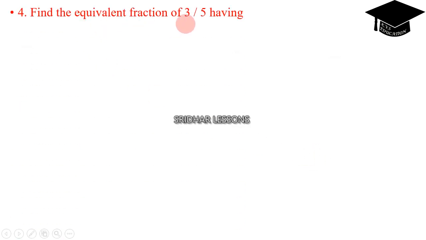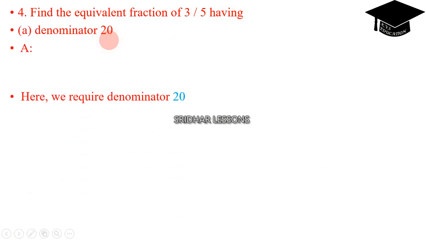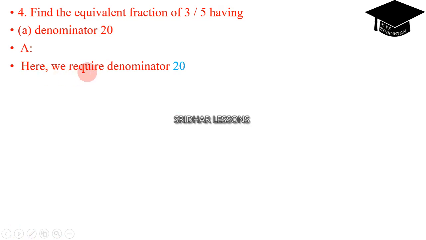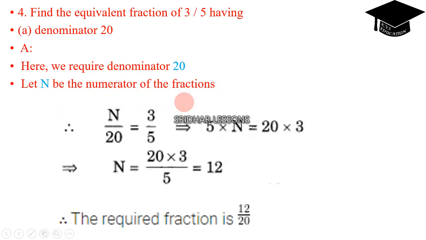Find the equivalent fraction of 3 by 5 having the denominator of 20. So here we require the denominator to be 20 for 3 by 5. Let n be the numerator of the fraction. Therefore, n by 20 is equal to 3 by 5.